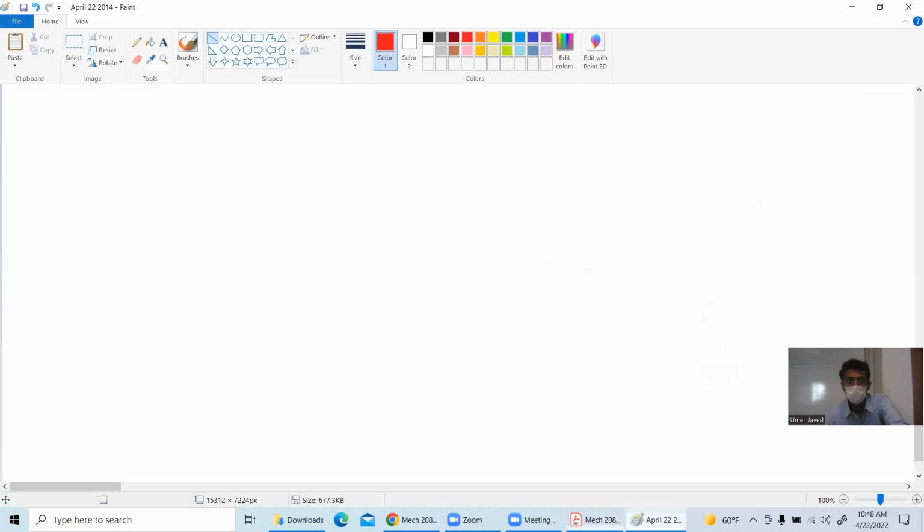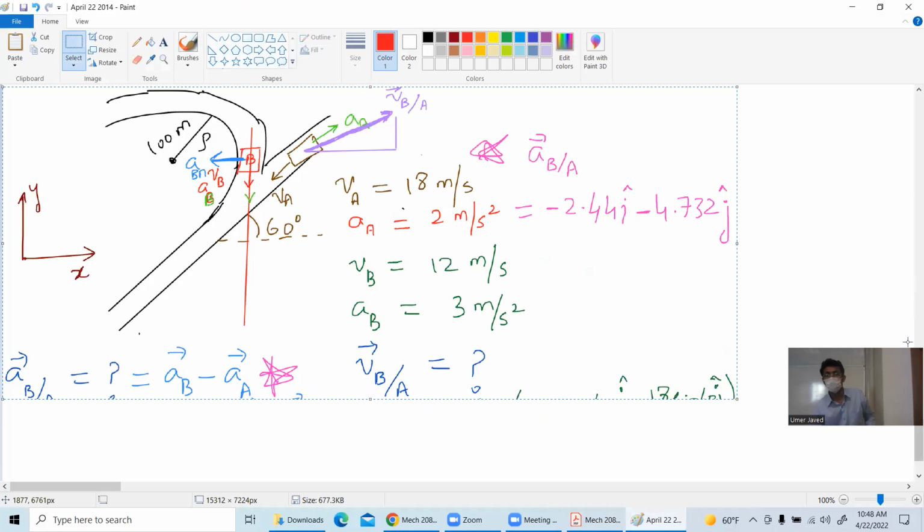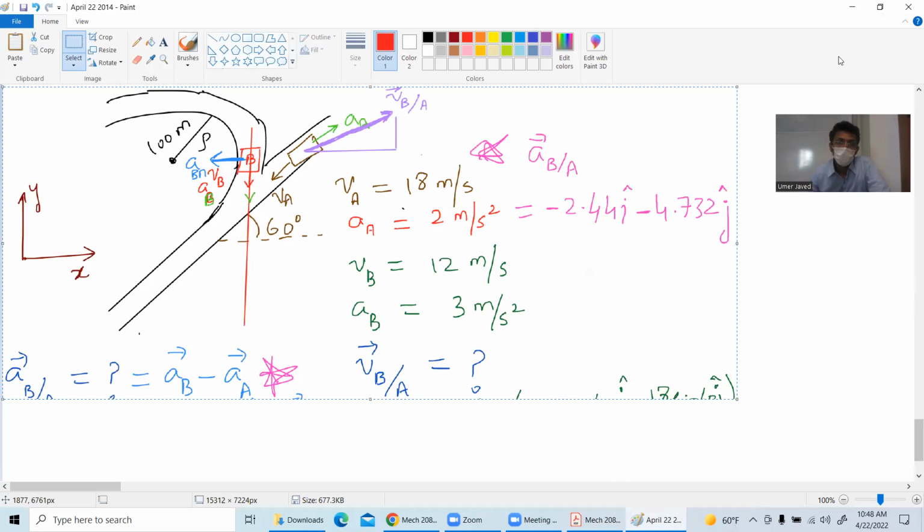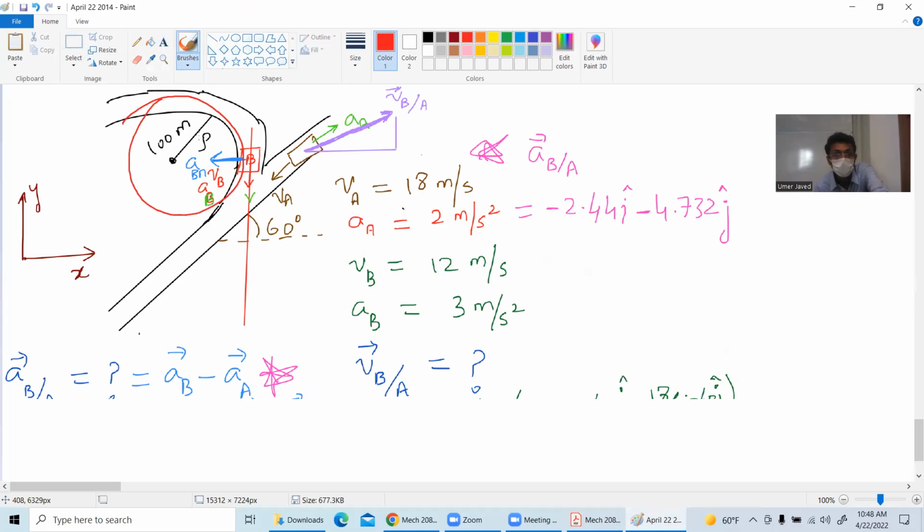The question says that we have this circular path. Now, please be careful. It's just an exceptionally bad drawing that you are seeing as this distorted circle. This is a nice, beautiful circle. So the car is going through this circular path and it arrives at this point, right?